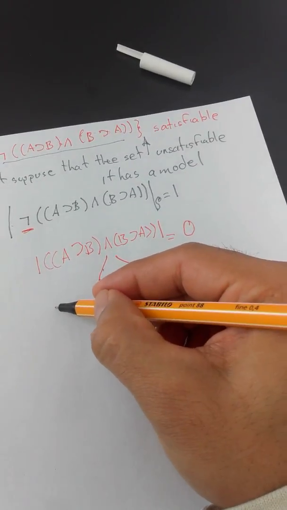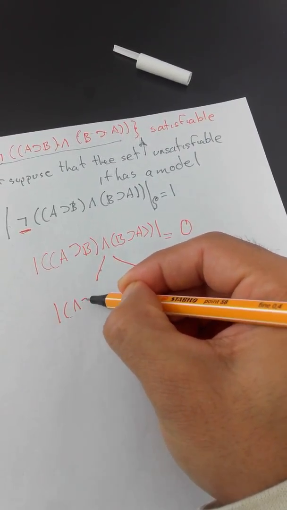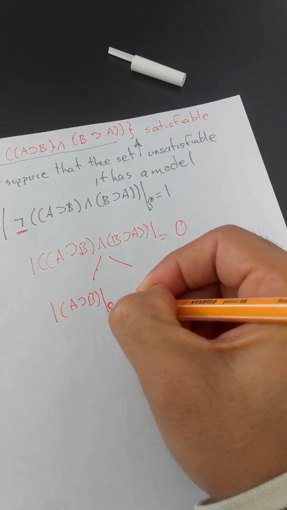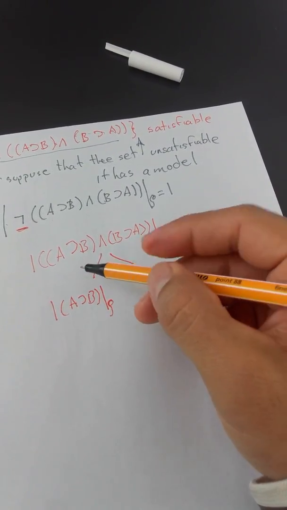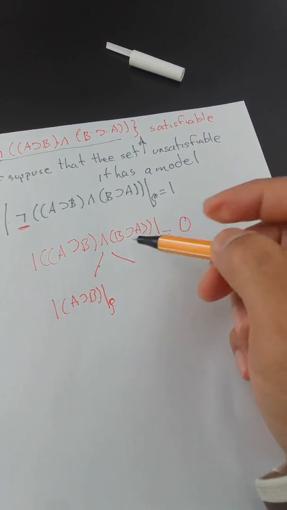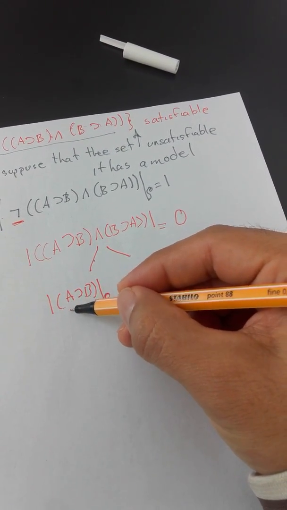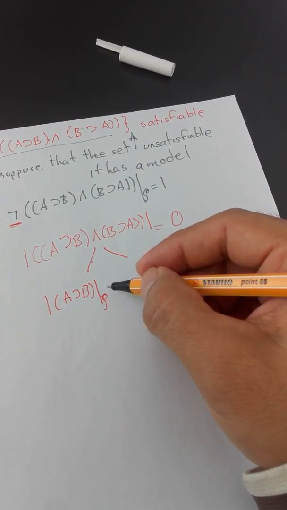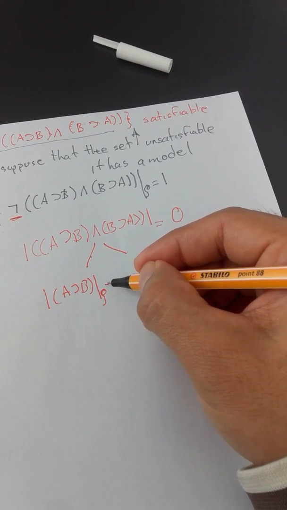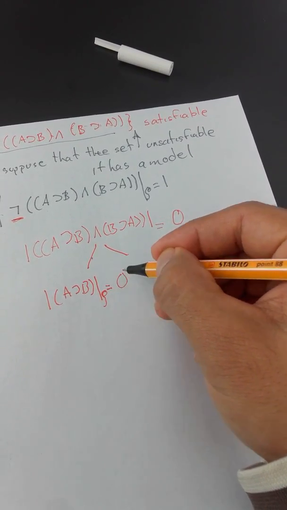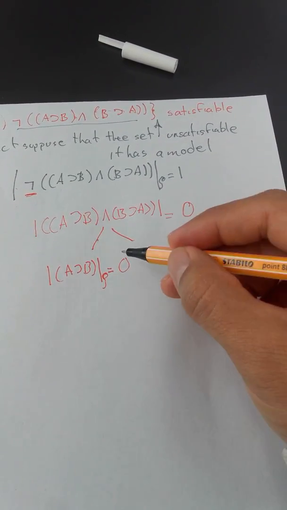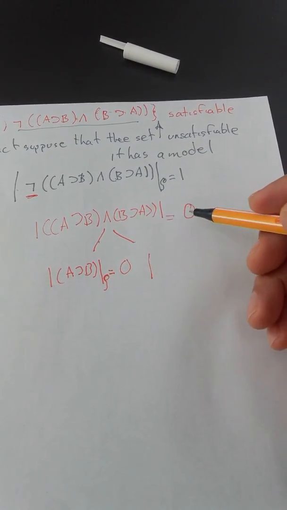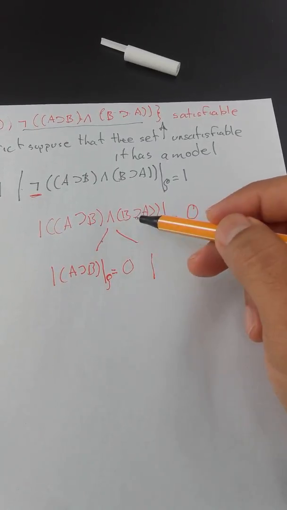In the next part, we have the interpretation that A implies B. The only chance that we can get 0 is that A is 1 and B is 0. So this is the only chance that we can get 1, 0. And here, otherwise, the interpretation will be the same, because remember, to have 0, we must have 0 here and 0 here.